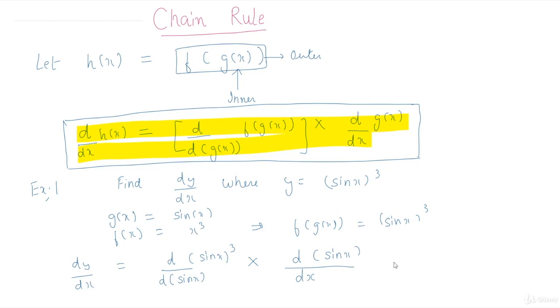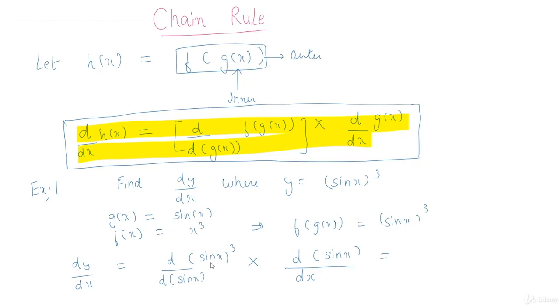So as we have discussed previously, d by dx of x cube is 3x square. Similarly, if we replace x with some other variable, let's say t, and we have to calculate d by dt of t cube, then again it would have been 3t square.